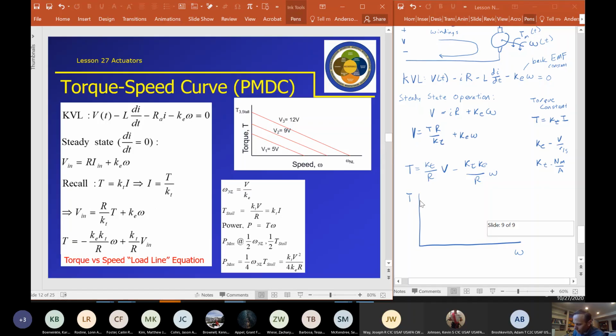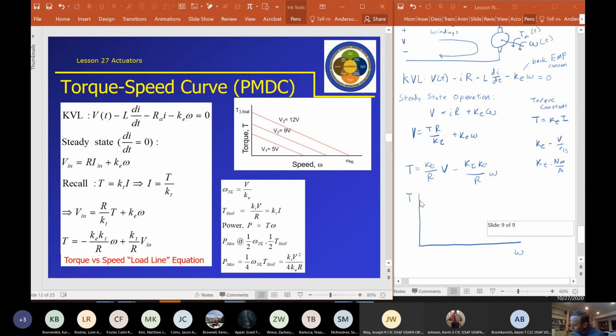So what I'm showing on this slide is a rehash of what we just did. We started with this KVL equation. We assumed steady state and simplified it to this. We introduced the torque and current terms, and then simplified this to this torque speed or load line equation. And that's what's shown here.